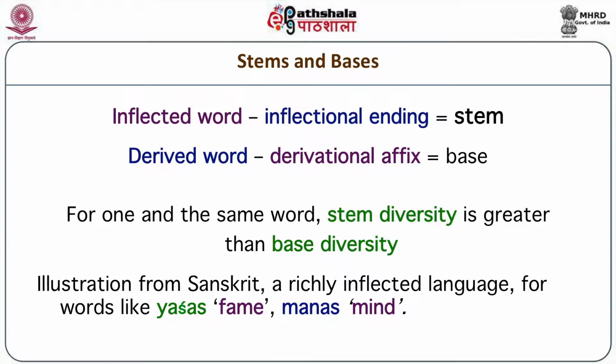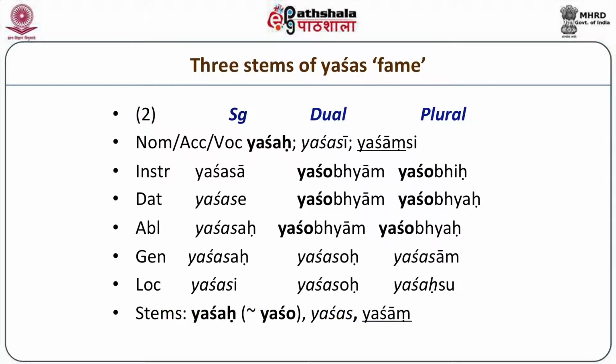The inflectional chart for the word manas, mind, shows you that you've got the following: manah, manasi, manansi, manasa, manobhya, manobhih, manase, manobhya, manobhyah, manasa, etc. In that chart, when you sit and count how many different stems can be seen, you will discover that a word like manas or yashas takes 4 different forms. Manah, manas, manam, mano. There are 4 stems.